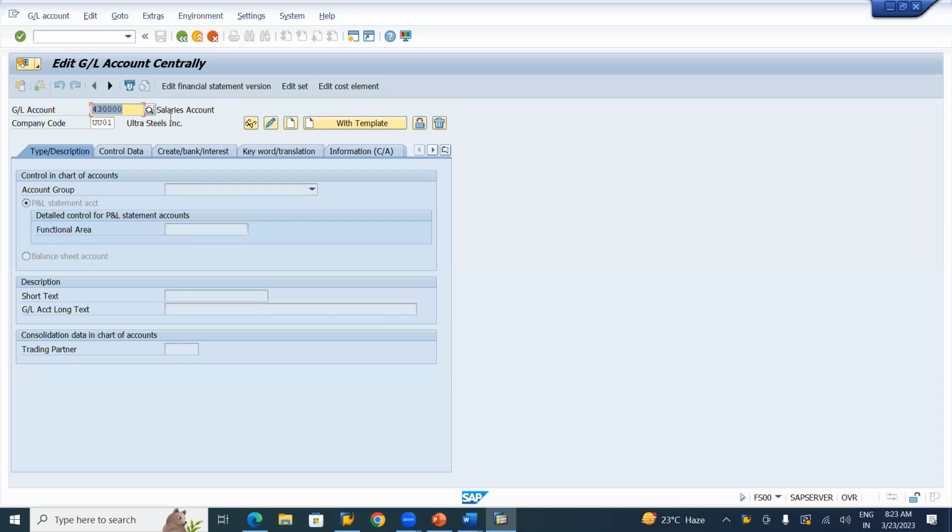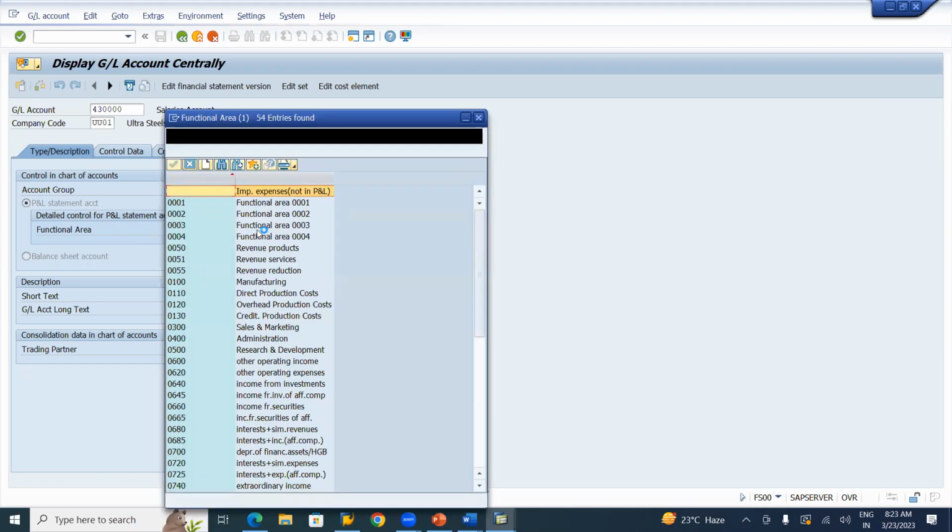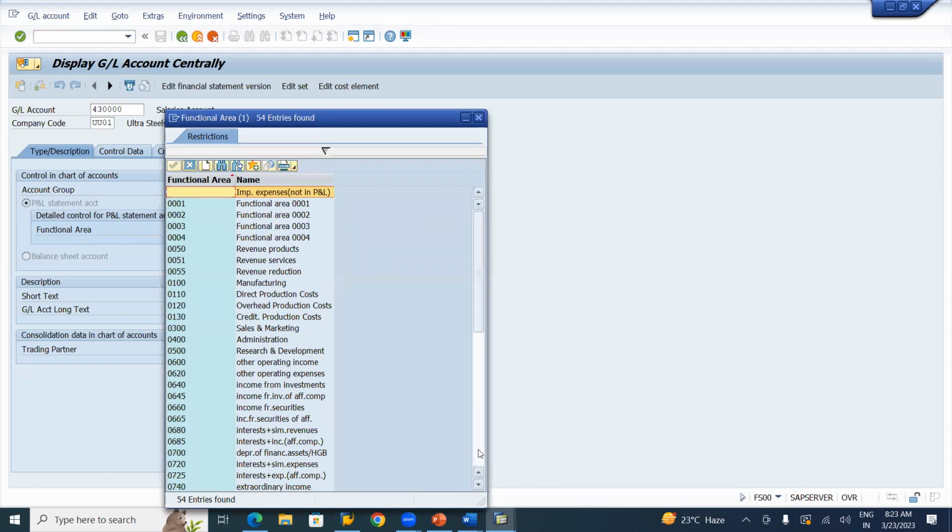Same thing here, it is the salaries account. Leave aside the company code. Whenever we create the salaries account, we need to select profit and loss account. Then it will ask which functional area, which department you want to select. If you click here, all the department names we have created will be displayed.